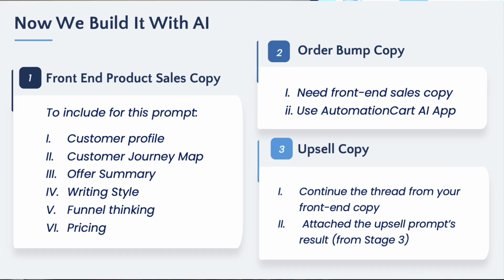Now you attach the upsell prompt's result from stage 3 inside here as well. Let me say this again. This is where we write the sales copy. Done. Complete. So now we need to write the upsell sales copy. But if you proceed and just use the prompt that I've given to you, the challenge is that the AI doesn't have the full context of your upsell. So it will still write for you, but it's going to be very tactical.